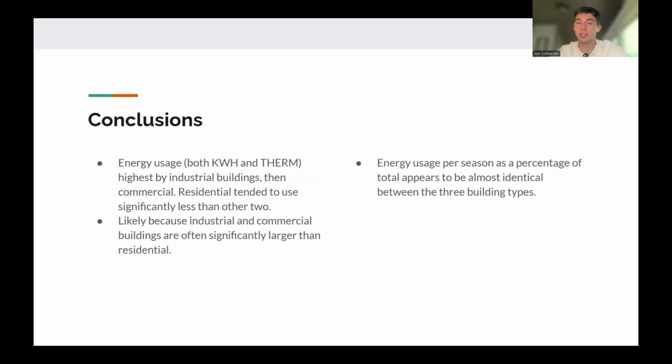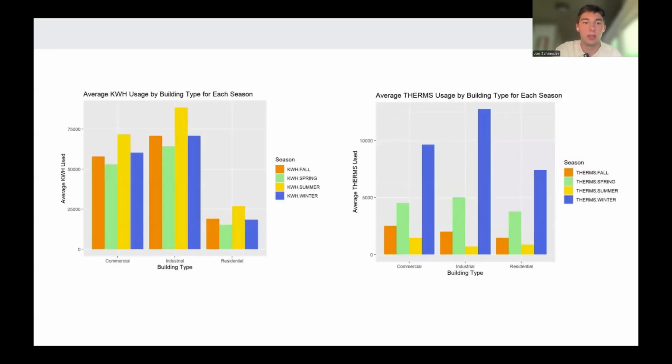Energy use per season as a percentage of a total appears to be almost identical between the three buildings. As you can see here, even though the numbers themselves are different, it looks like the proportions are the same between the seasons. So for thermal, for example, winter is much higher for all of them. Then spring is second, and then fall, and then summer.